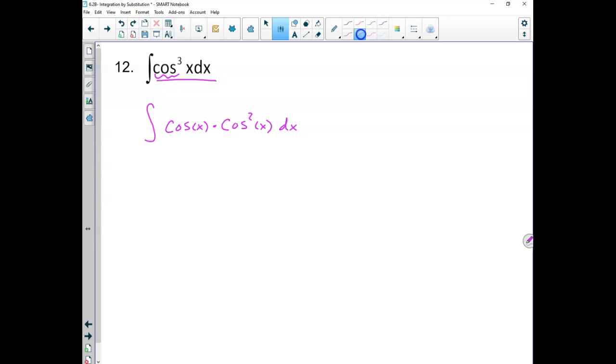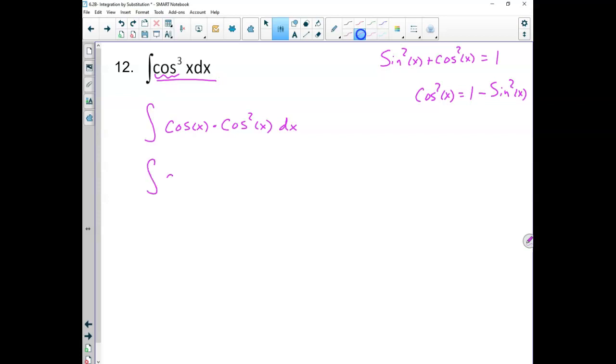And so I split it apart, and then I remember, oh yeah, sine squared x plus cosine squared x equals 1. So I know I could say cosine squared x equals 1 minus sine squared x, and I can introduce a sine in there.